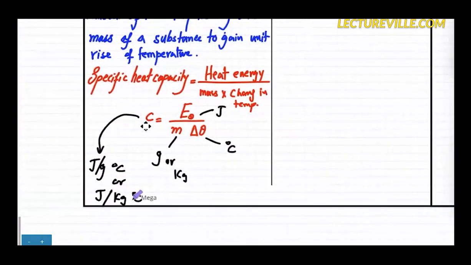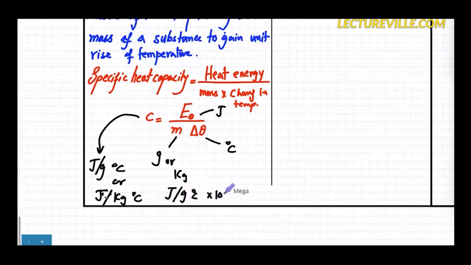If mass is given in grams, we can use this, or otherwise we can use this. And remember, joules per gram per degree Celsius multiplied by 1000 makes them joule per kilogram per degree Celsius.